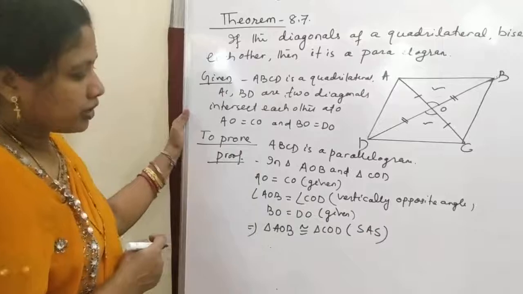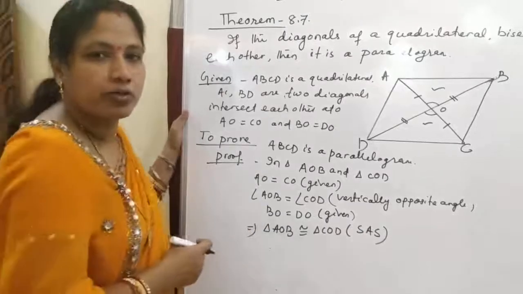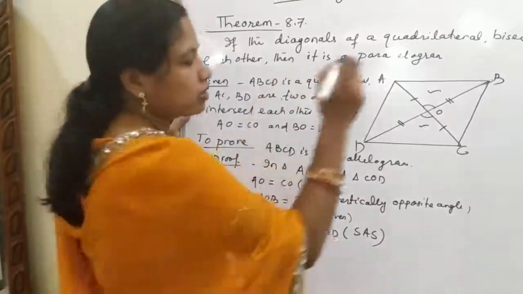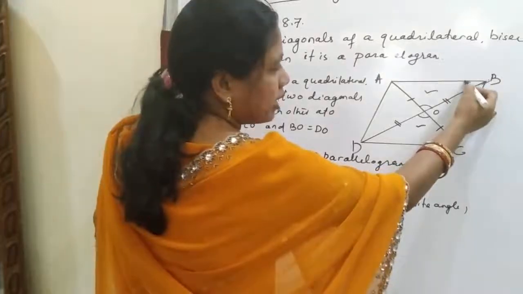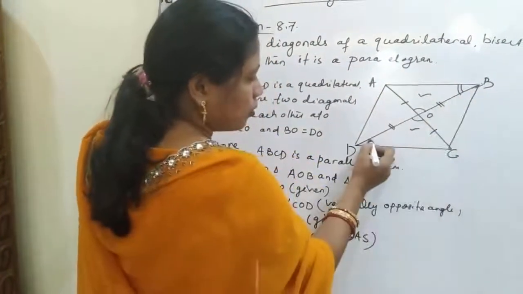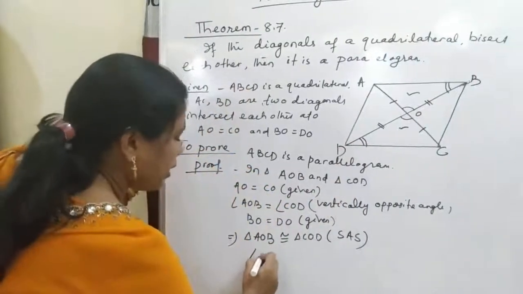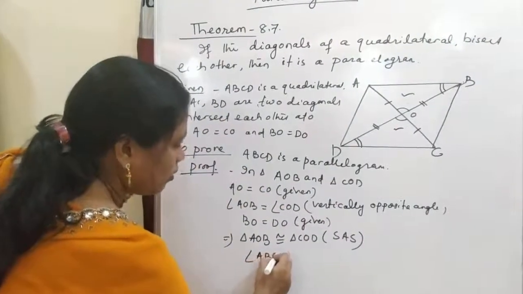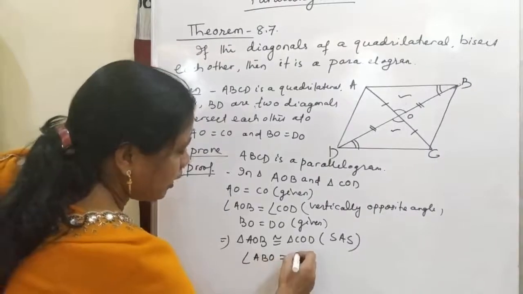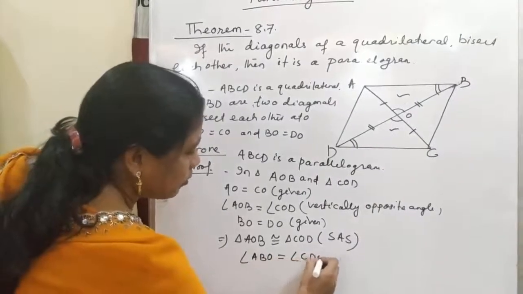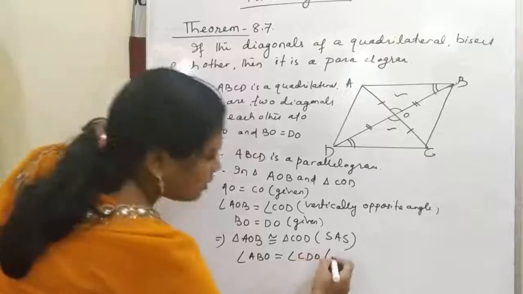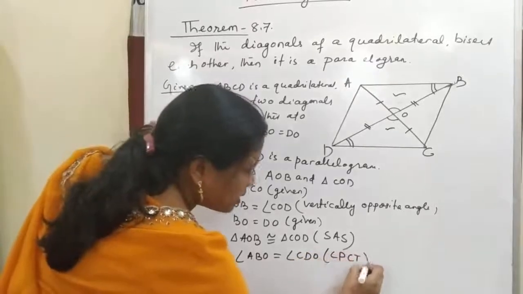If these two triangles are congruent, then their corresponding parts are also equal. Angle ABO is equal to angle CDO by CPCT.